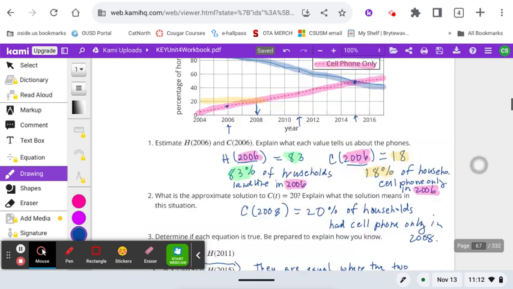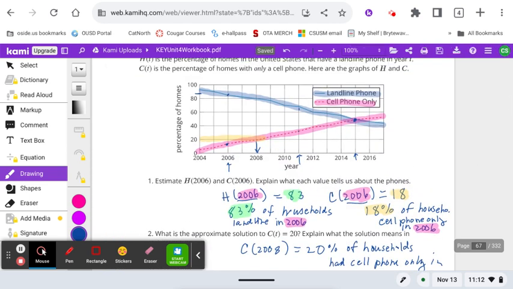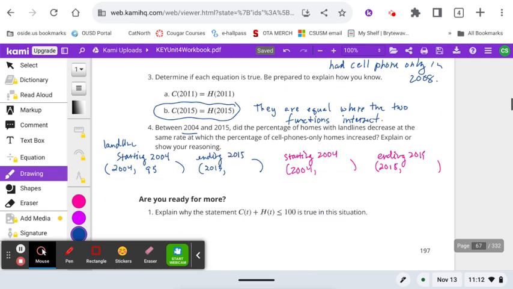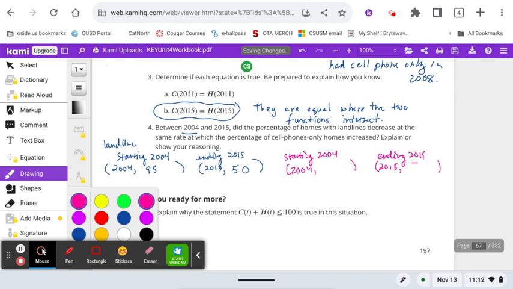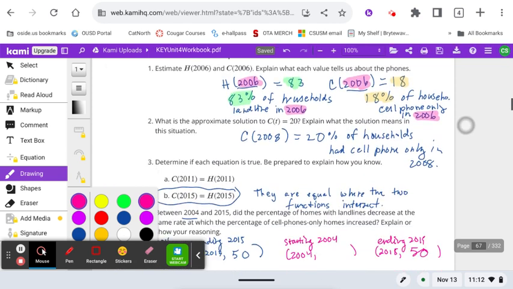And then 2015, we'll call that 50. And since they're ending at 2015, where they're both the same, we already know that that's going to be also 50. Let's go get the starting for cell phones.